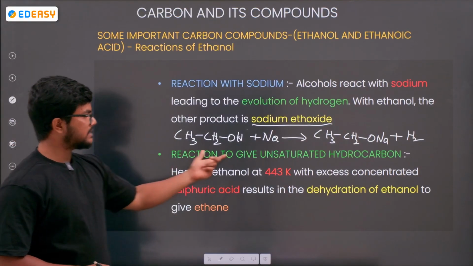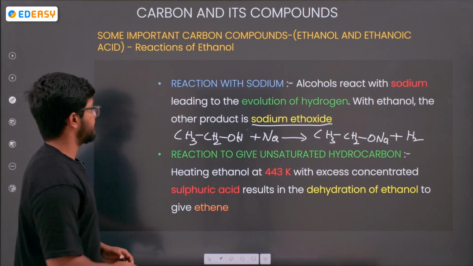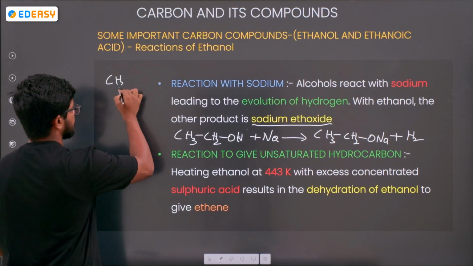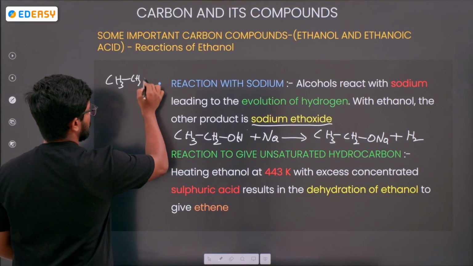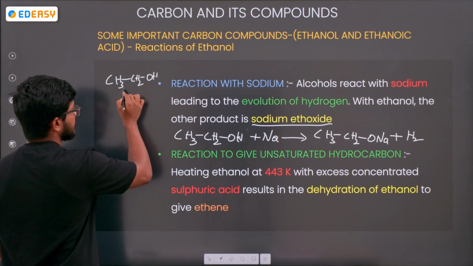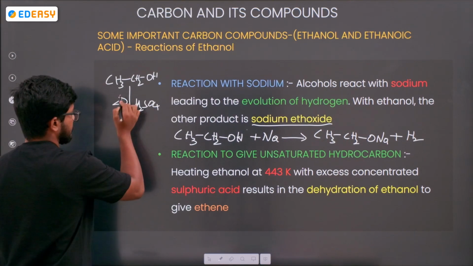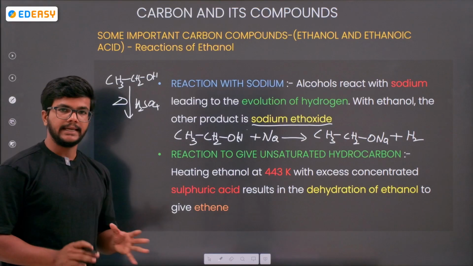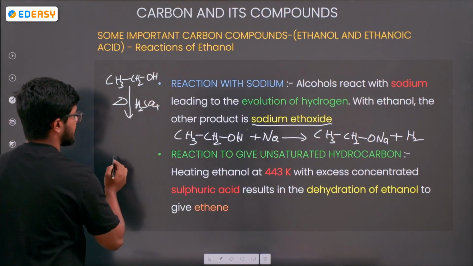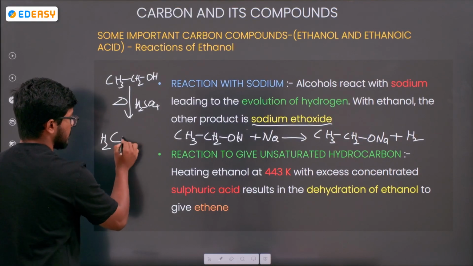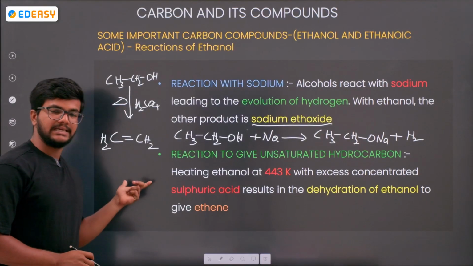And reaction to give unsaturated hydrocarbons. CH3CH2OH, when it reacts with H2SO4 and heating, OH and hydrogen are removed, and it gives CH2=CH2, which is nothing but the alkene compound.